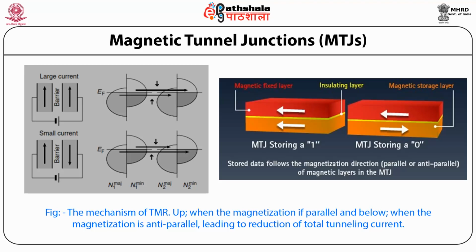The room temperature resistance changes for an MTJ with a MgO barrier. Two soft magnetic cobalt iron boron electrodes with different coercivity are used to create a clear distinction between the resistance levels in parallel and anti-parallel alignment of magnetization.